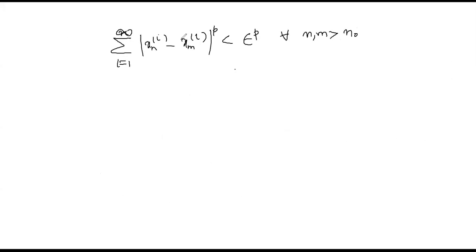Now remember, you have got positive numbers. उनका sum जो है वो less than some number है. वो तभी possible है जब उनमें से हर कोई less than that number हो.